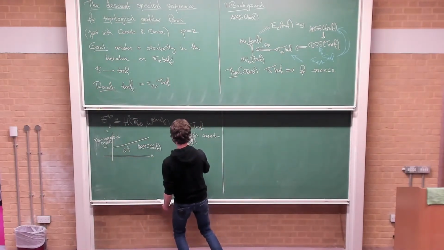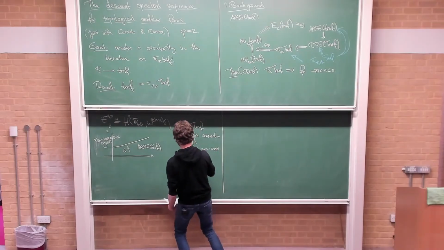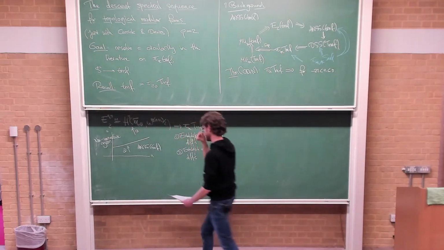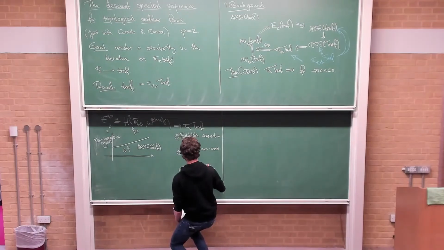Secondly, establish non-connective differentials, which are things that live completely above this line. And then lastly, you need to exclude line crossing differentials.